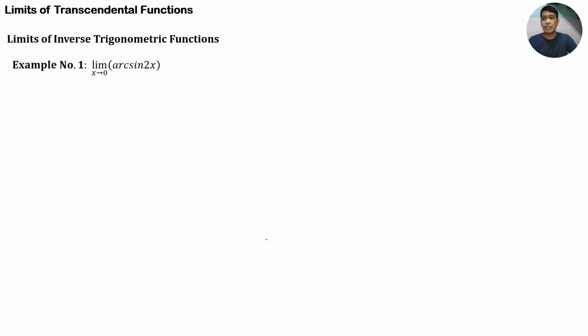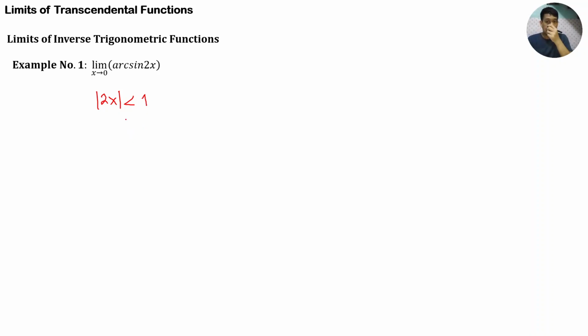Then lastly, we have limits of inverse trigonometric functions. So let us try to solve a limit of arcsine 2x. So we know for a fact na kapag 2x yan, so the absolute value of that 2x is less than 1.